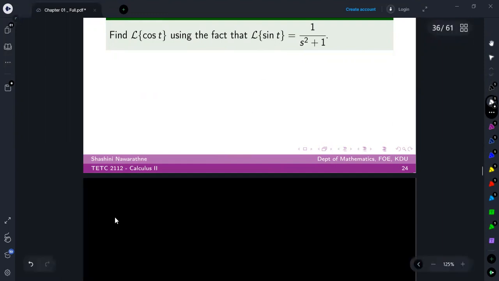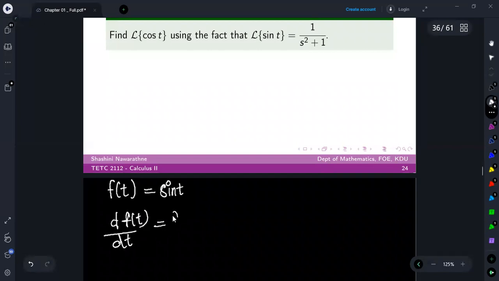So we know that if we consider f of t as sine t, then the derivative d over dt of f of t, which we can write as f dash t, is equal to cos t.